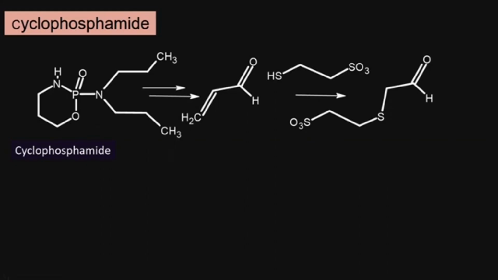However, one more important point is that cyclophosphamide is known to produce hemorrhagic cystitis, which means bleeding in the urine and bladder irritation. That bladder irritation is caused by a drug metabolite of cyclophosphamide known as acrolein.